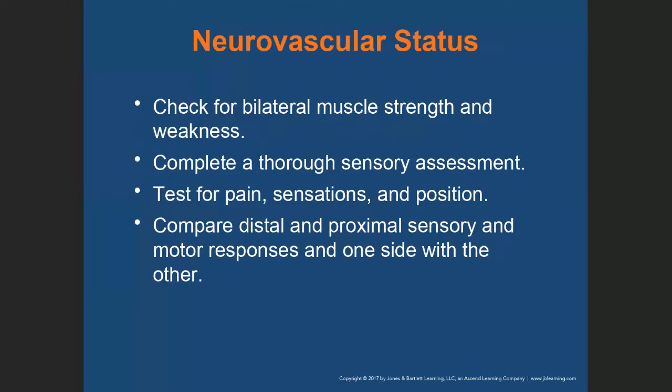So when we're checking the neurovascular status, we check the distal circulation, and at this point, it's not the same as circulation in your primary assessment. When we're checking distal circulation at this time, it is really to check to see if a pulse is present. Does it feel strong or weak? That's it. Is there still blood flow in the area?